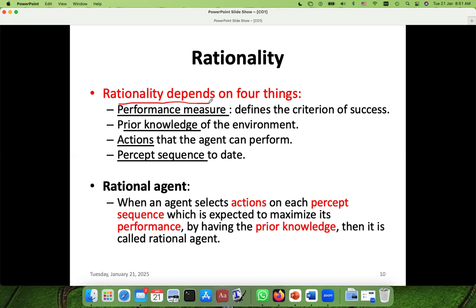So you have to define the performance measure in the design of the agent, and then prior knowledge. When you are designing a rational agent, you have to give the agent prior knowledge, prior information, before running the actual thing.